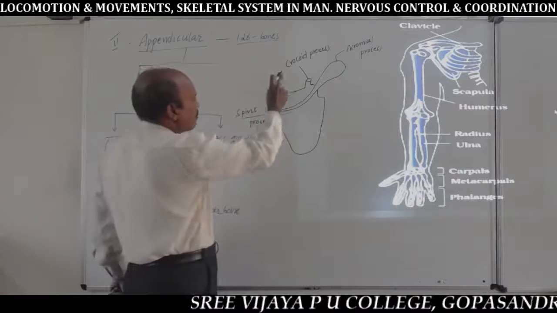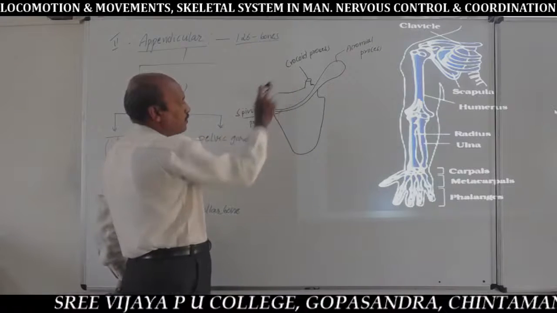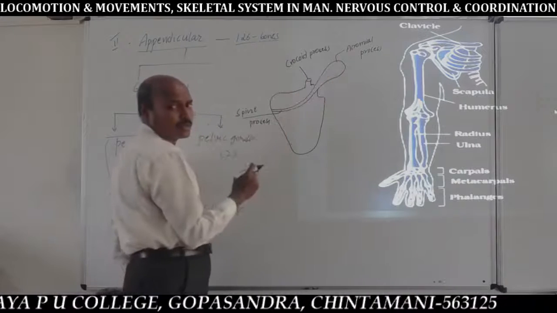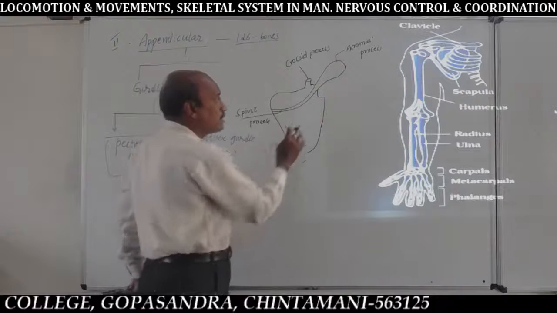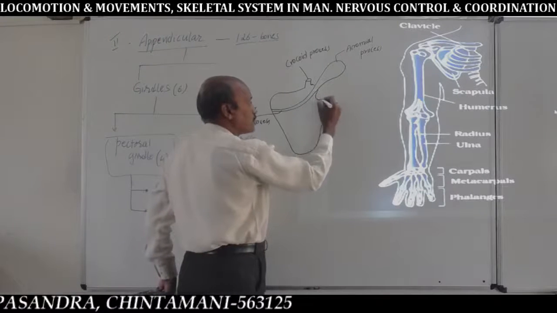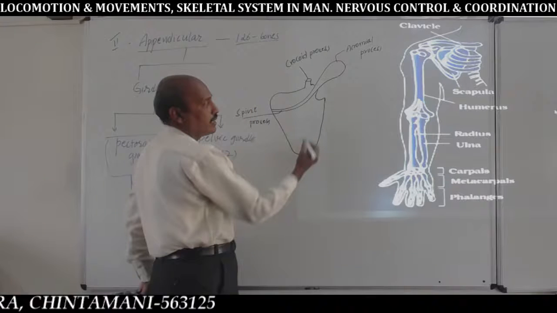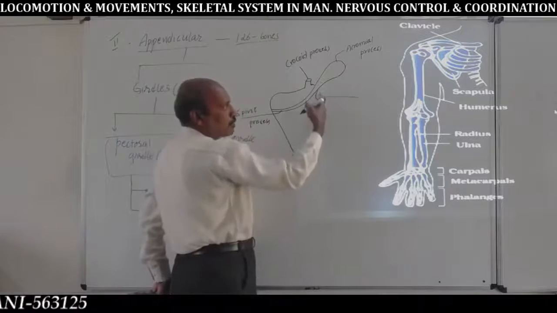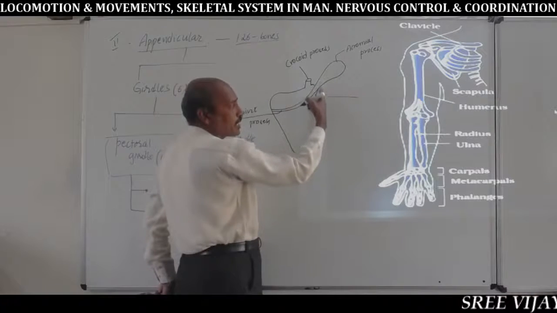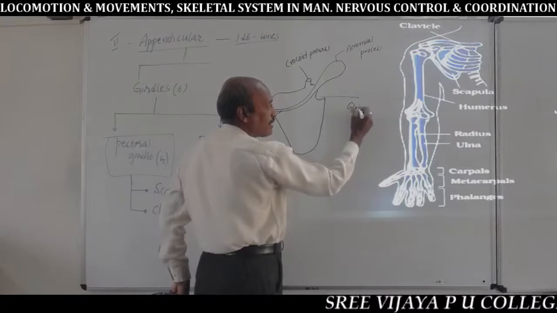Very important: just below the acromial process, there is a deep cavity called the glenoid cavity.